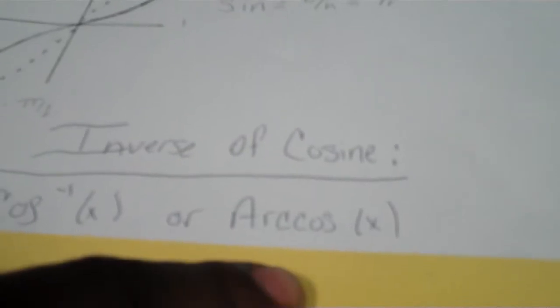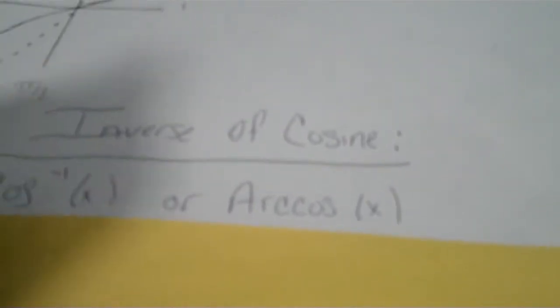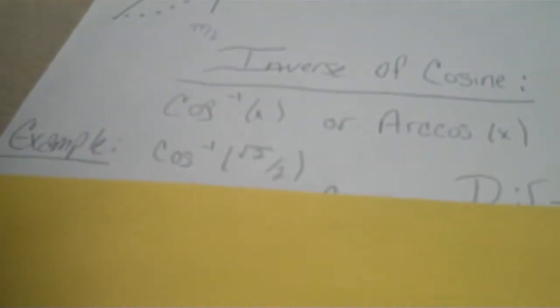Inverse of cosine. The inverse of cosine of x is the same thing as the arccos of x. The example for that would be the inverse of cosine of the square root of 2 over 2. The way that you figure that out is that you basically map it out and graph it. Cosine is equal to adjacent over hypotenuse.